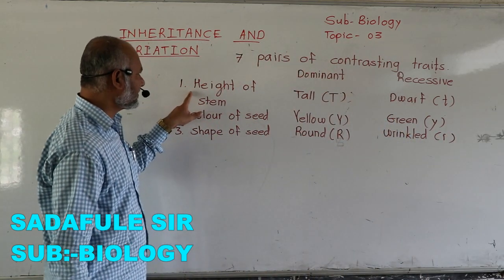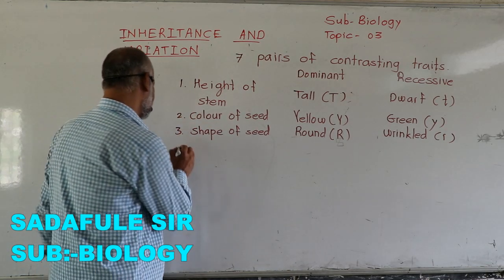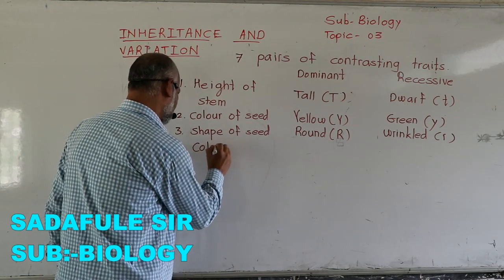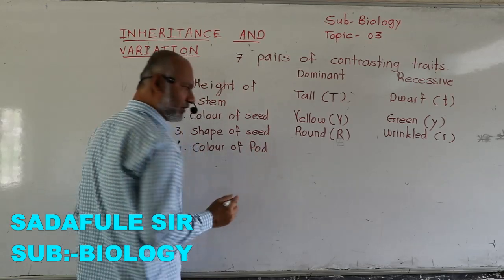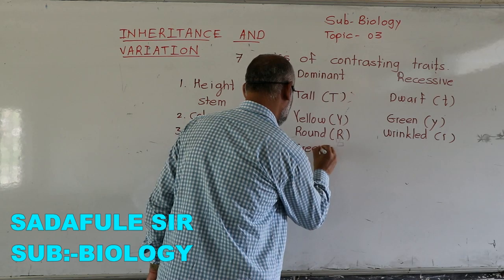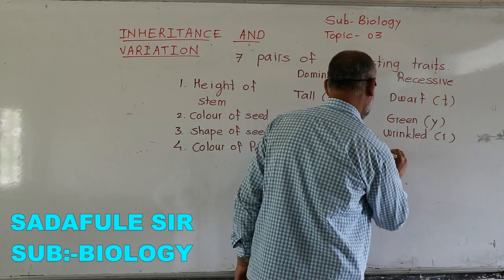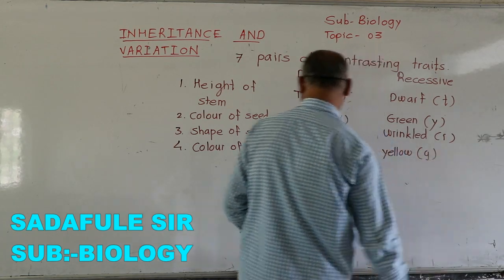Height of stem, color of seed, shape of seed, then color of pod, with two alternative forms: green, represented by capital G, and yellow, small g.